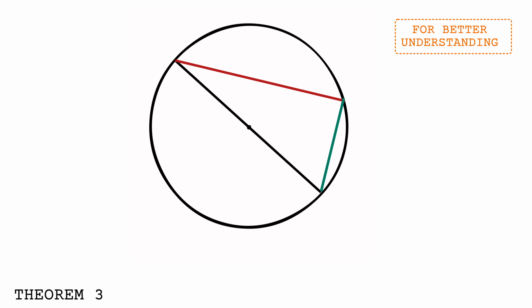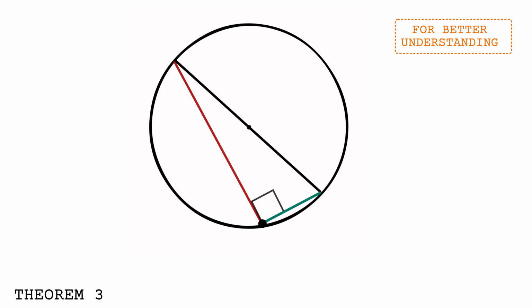Whenever you have a diameter and you have two chords that are drawn from the two ends of a diameter and meet at one point on the circumference of the circle, then you have to know that the two chords form a 90 degrees angle at the point of contact. It doesn't matter at which point on the circumference of the circle they meet, as long as they are drawn from the two ends of a diameter, they form a 90 degrees angle from each other.